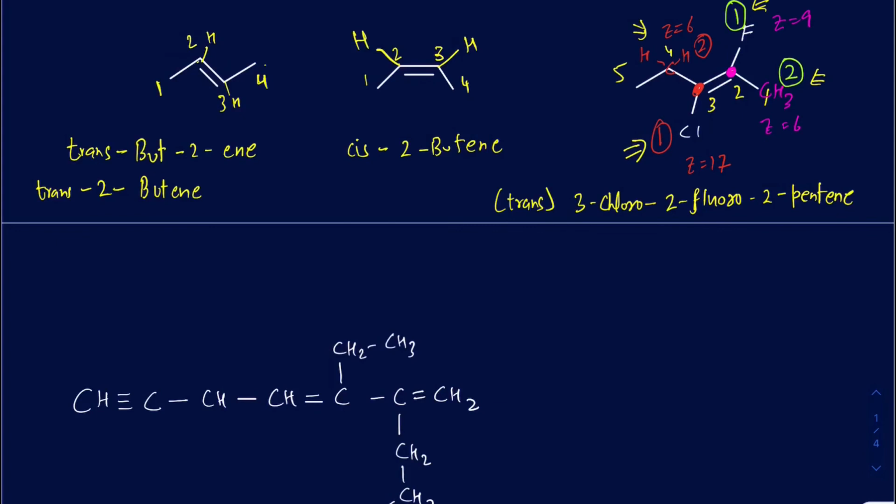The other name for the trans is E, so you may see this being written as E, 3-chloro, 2-fluoro, 2-pentene. Okay, so that's how you're going to be naming this.